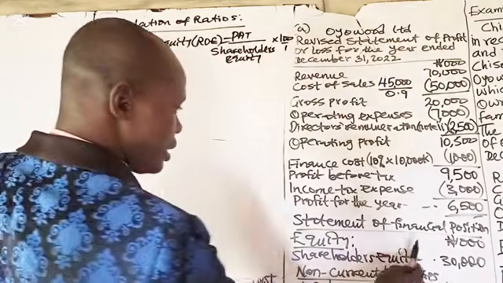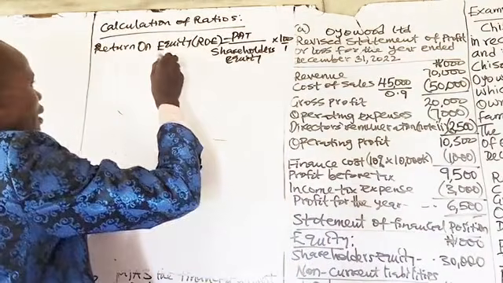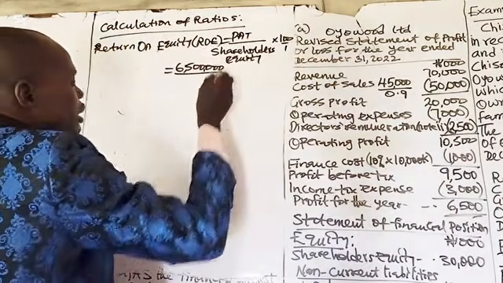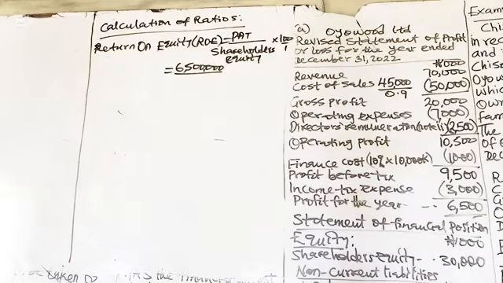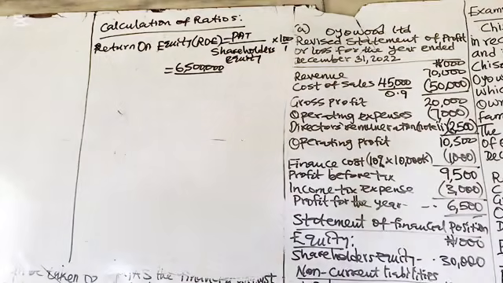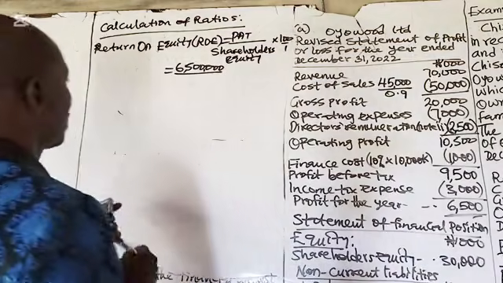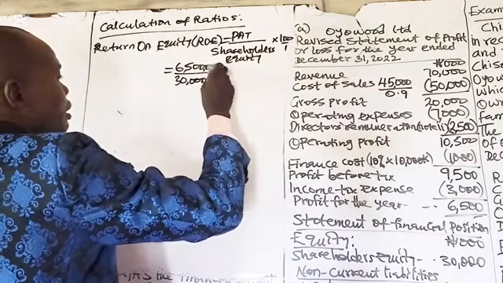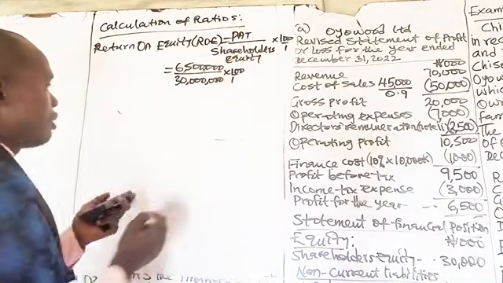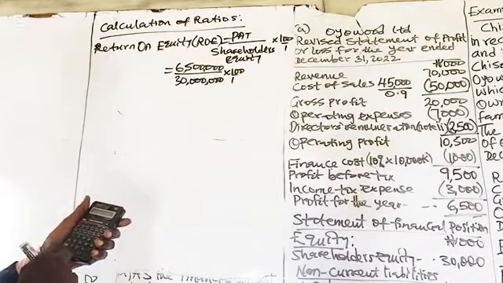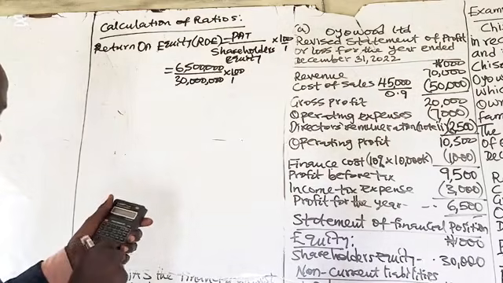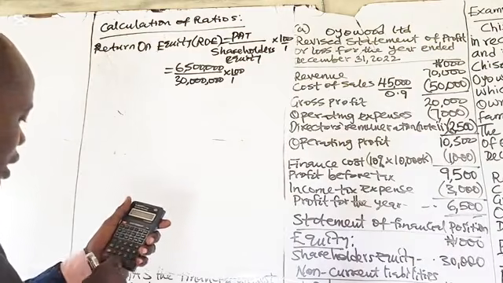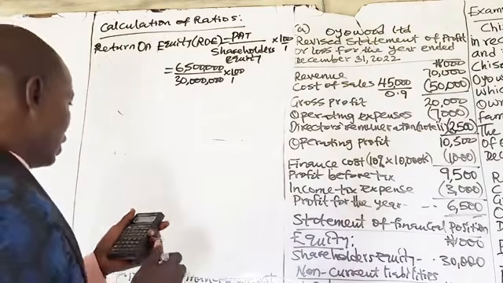The profit from our calculation is 6.5 million, and the shareholders' equity amounted to 30 million. So we have 6.5 million divided by 30 million times 100. That gives us the return on shareholders' equity: 21.7%.